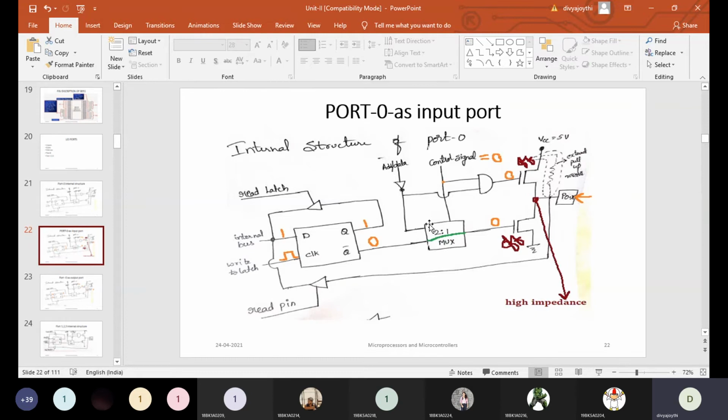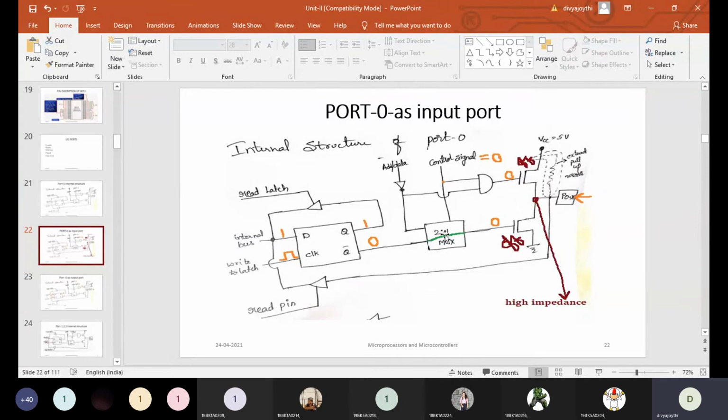When the control signal becomes 0, whatever information is there in the address or data line will not come through the mux, because we are controlling that by giving a value of 0. When the control signal value is 0, the mux will not consider address and data information. It will consider only this particular value. If you observe here, I have indicated that with a green line. Two inputs are there, and among these two, one will come as an output.